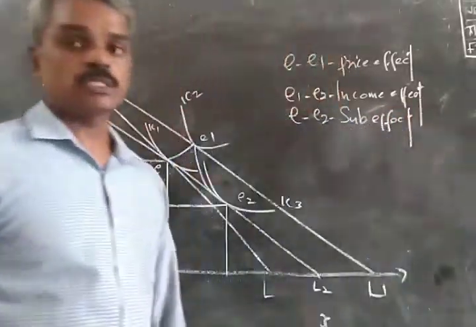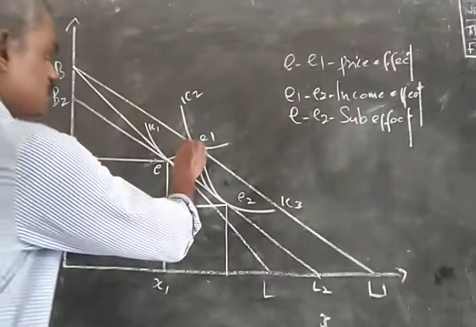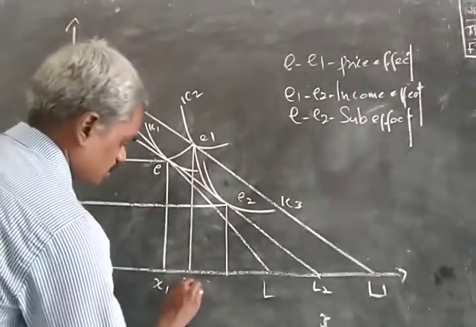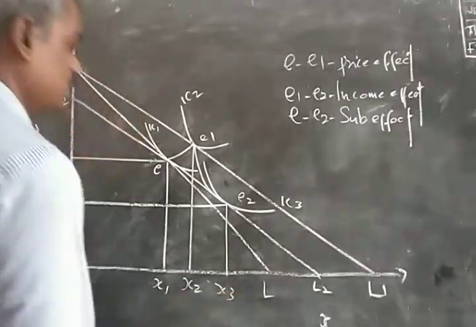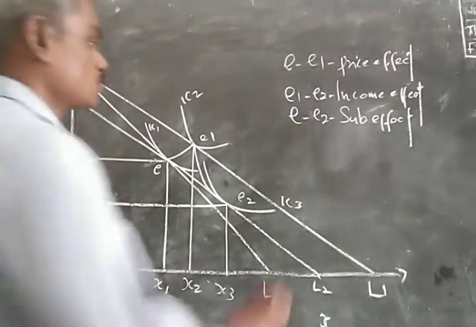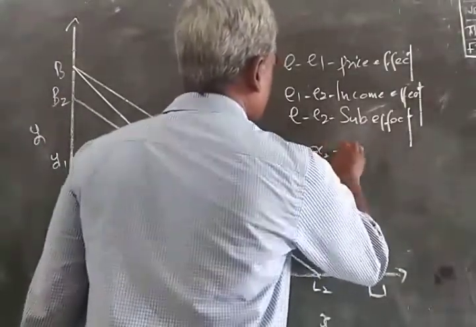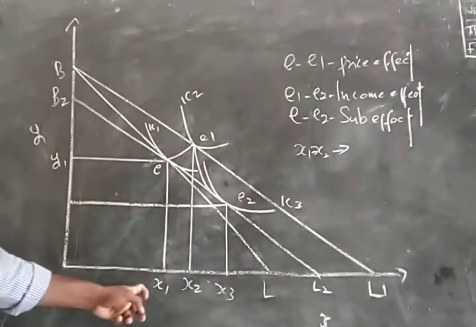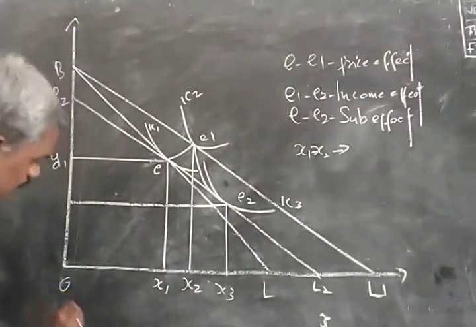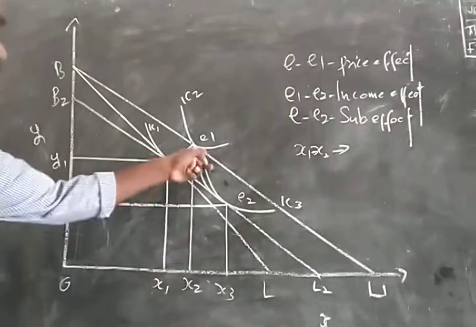So this is how Slutsky decomposed the price effect into income and substitution effects. Quantitatively, we can see that initially the movement was from x1 to x2. As the price fell, the consumer increased consumption of x from x1 at E to x2 at E1.